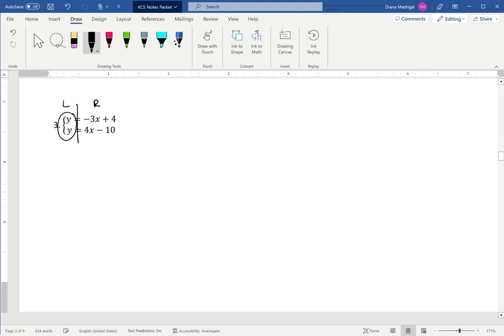Y is by itself on the left side for both. Both equations have y by itself, which means that y can equal y. It's a true statement. Why? Because y is by itself and y is by itself, which means that they can be the same thing, which means all you have to do is put the equations together.